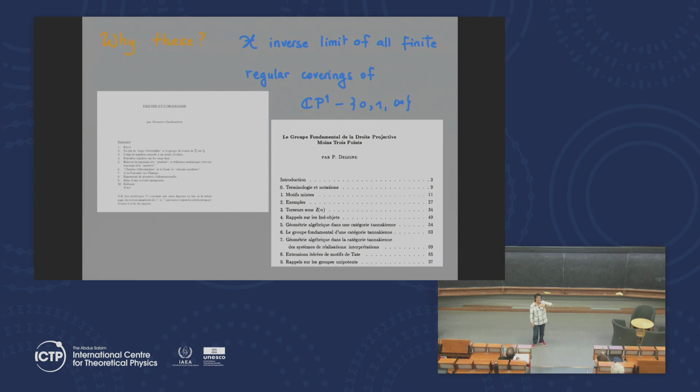Here Grothendieck explains many ideas which were the basis for a lot of beautiful mathematics. And he has this incredible insight that thinking about the inverse limit of all coverings of the projective line minus 3 points gives you a way of thinking about the fundamental group, which is the correct way if you want to generalize it to curves over number fields.